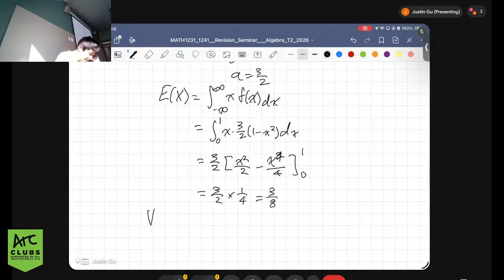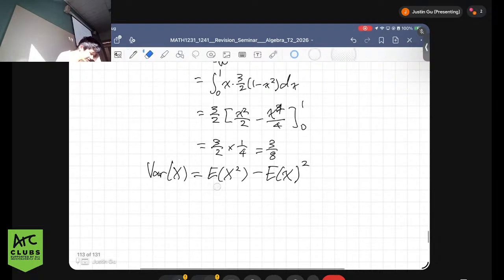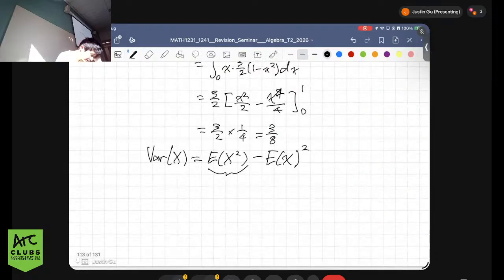We can calculate variance by using the formula we talked about earlier: the expected value of X squared minus the expected value of X, all squared. So we want to find this. Now, remember that X squared is g(X), where g(x) equals x squared.